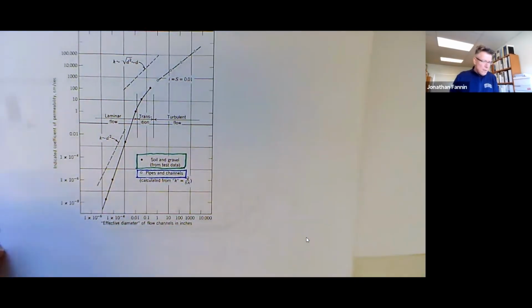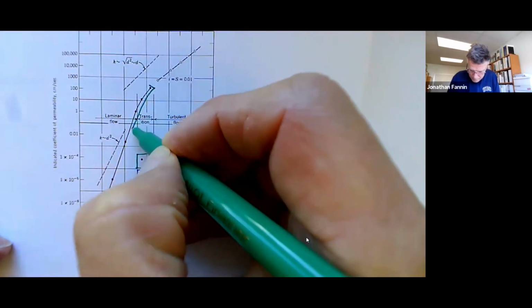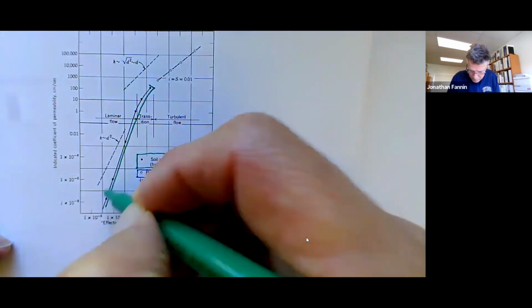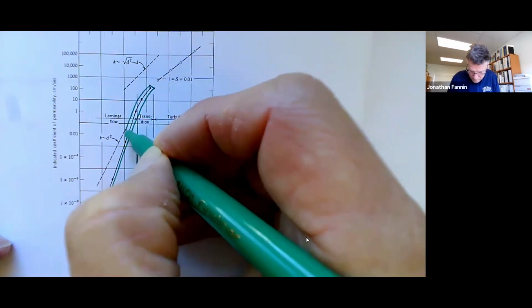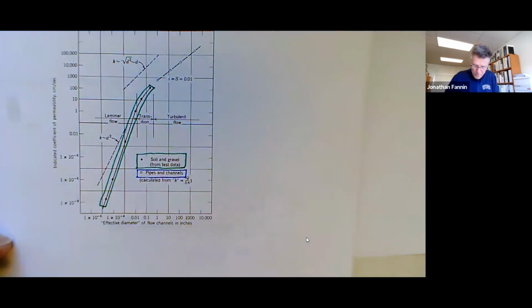Okay, the data on the soils lie here. The data on the pipes lie here.